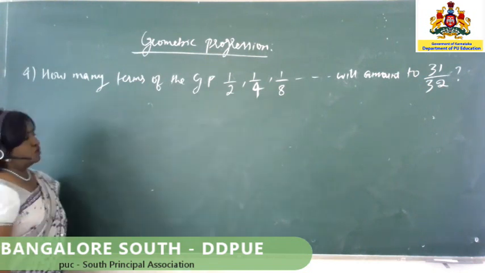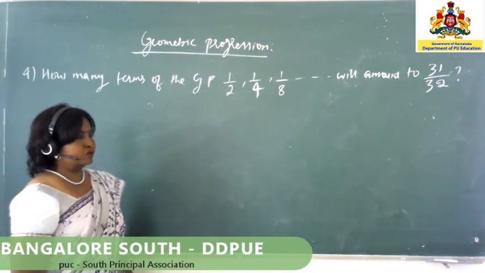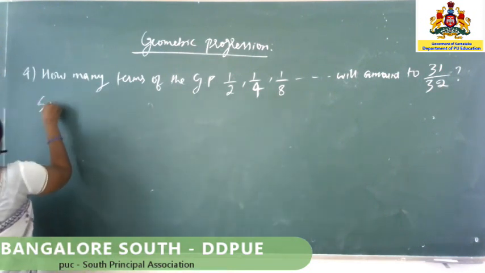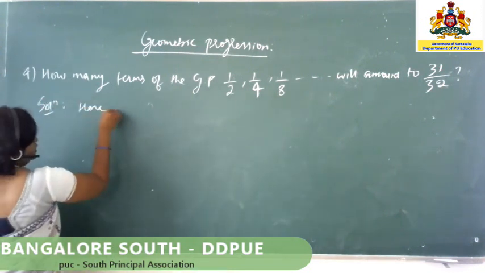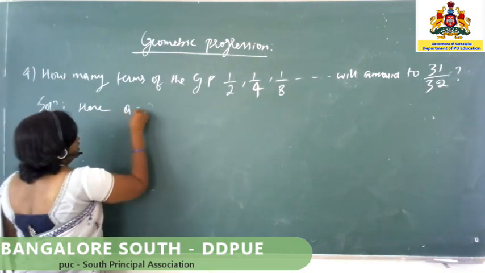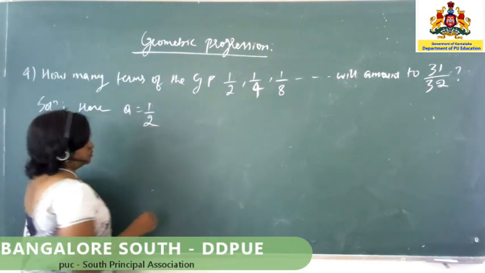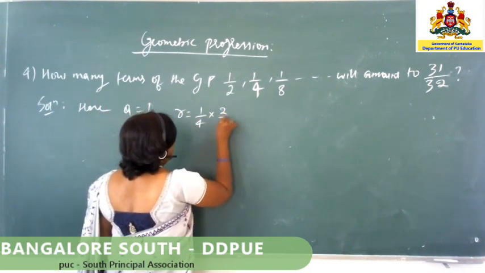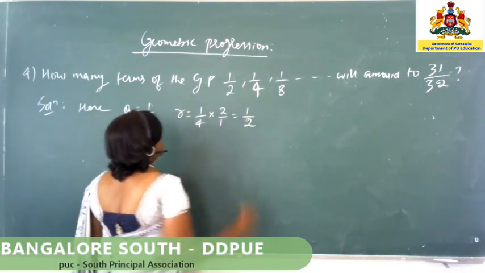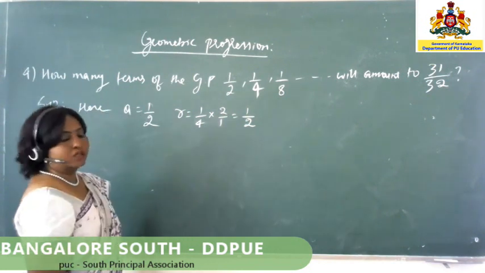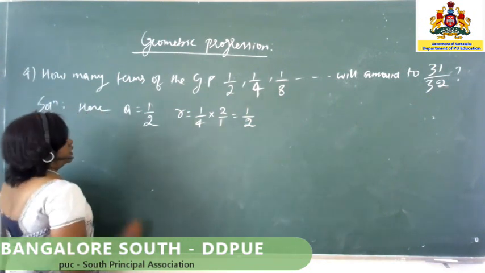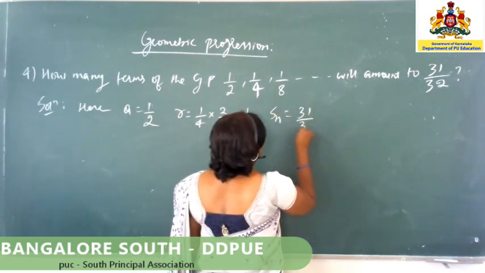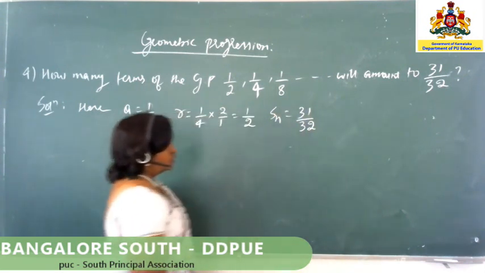So you should find the n value here, but the formula you use is Sn. Solution: here A is equal to 1 by 2, R is equal to 1 by 4 into 2 by 1, that is equal to again 1 by 2. Sn is equal to 31 divided by 32.